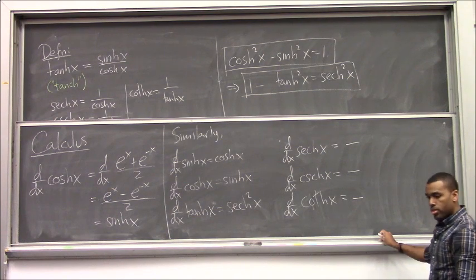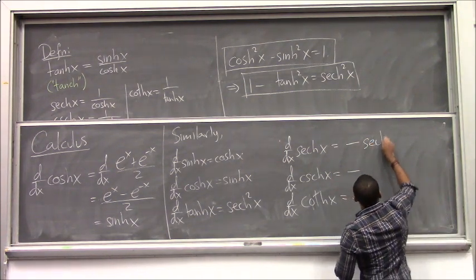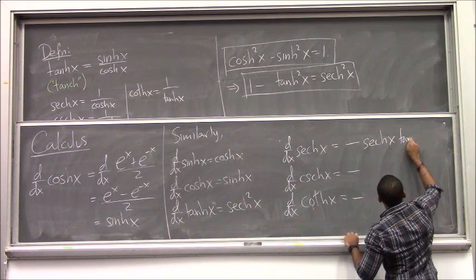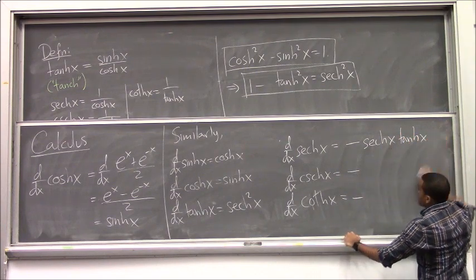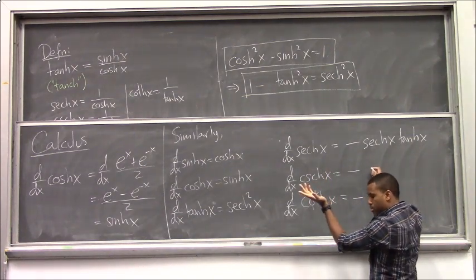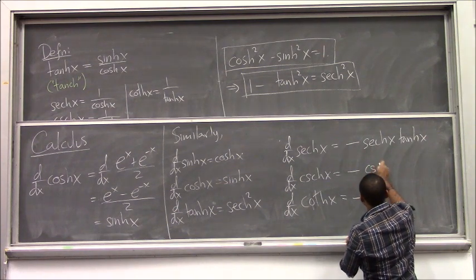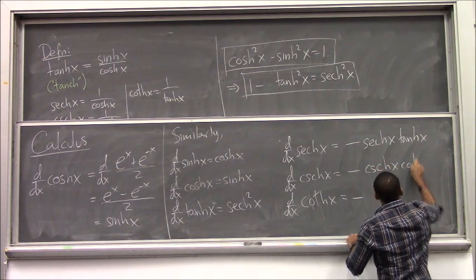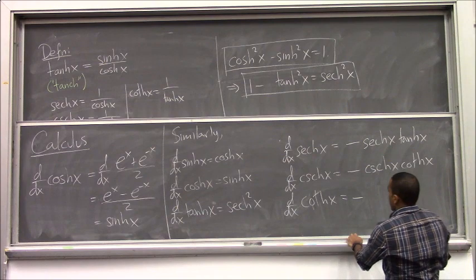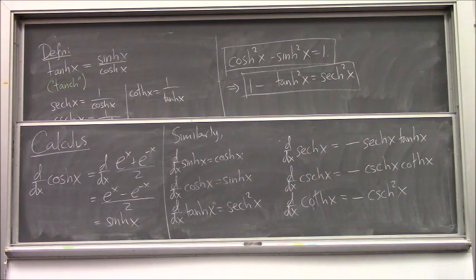Remember the derivative of secant x is secant x tangent x. It's pretty much the same here, hyperbolic secant times hyperbolic tangent. The derivative of cosecant x, you might remember, is minus cosecant x cotangent x. So this is also similar. And for this guy it's cosecant x squared.